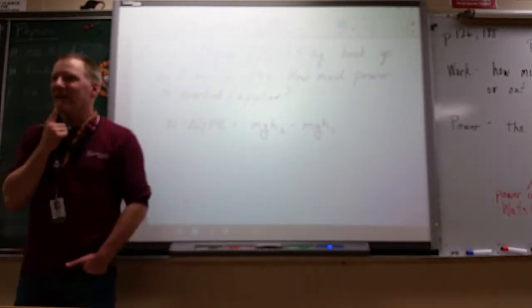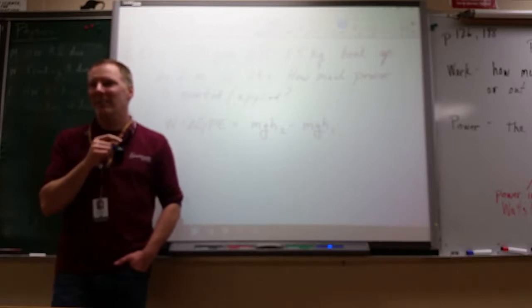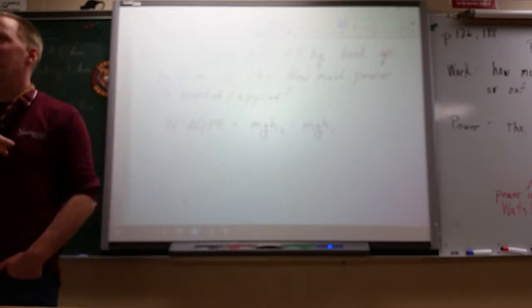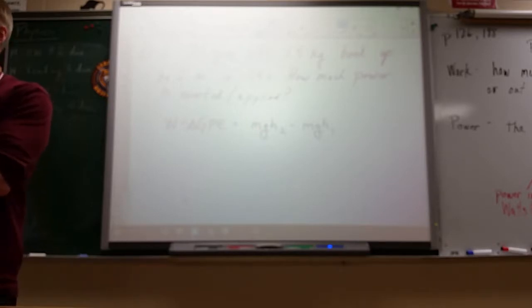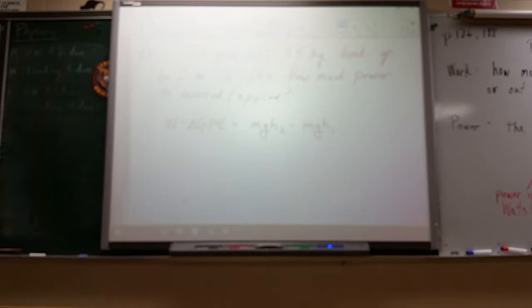We can also simplify that a little bit using our mad math skills. How can we make that calculation a little simpler for us? Perhaps by factoring. Do we have the same factors in both terms? We have an mg in both terms, right? How can we factor that out and rewrite it?